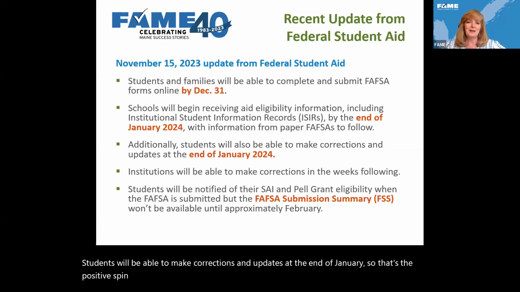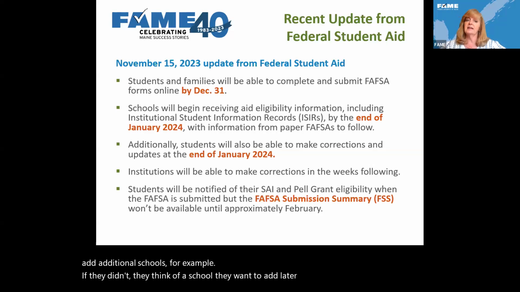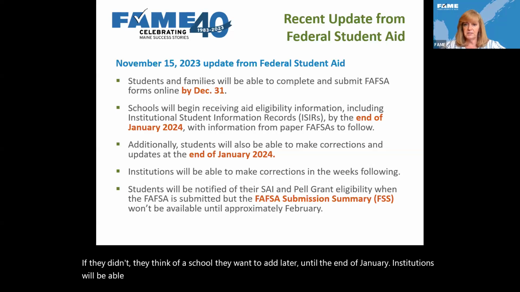The other way to say it is that students won't be able to go in and add additional schools, for example, if they think of a school they want to add later, until the end of January. Institutions will be able to start making corrections in the weeks following.